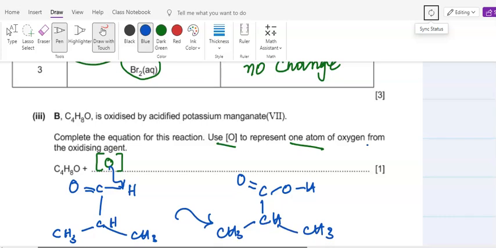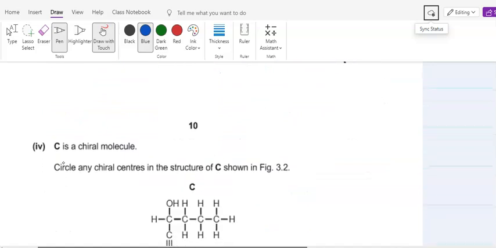So what is the change in molecular formula? C4H8O2.